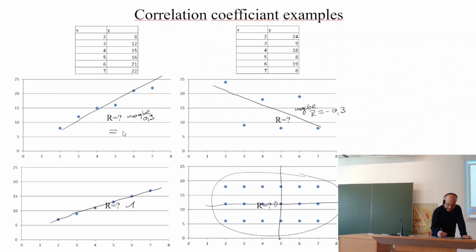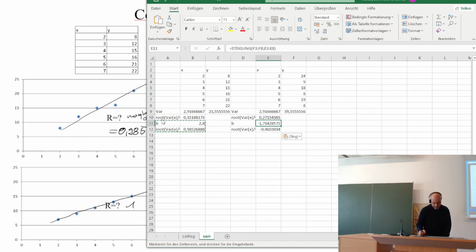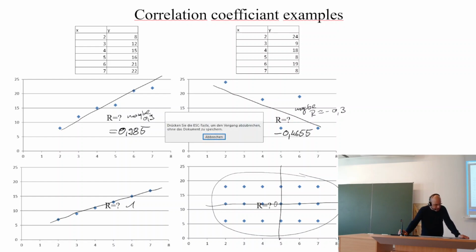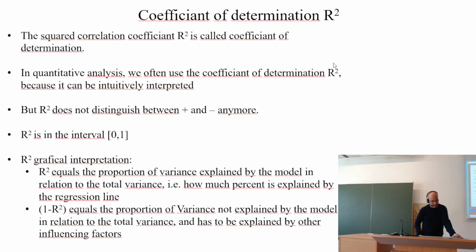Well, this is then 0.985, and here we had minus 0.465.